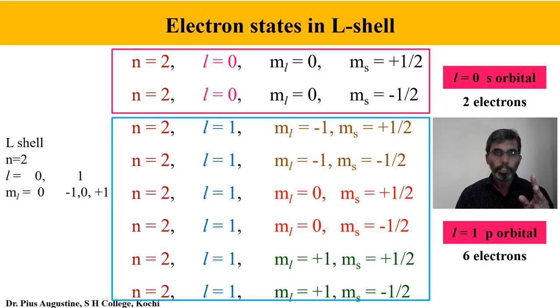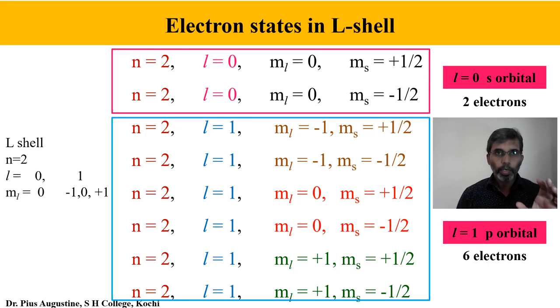Then two quantum states for ml is equal to 0 with ms plus half and minus half, and two more states corresponding to ml is equal to plus 1 with ms plus half and minus half. So it shows there are 6 quantum states associated with p subshell of L shell.